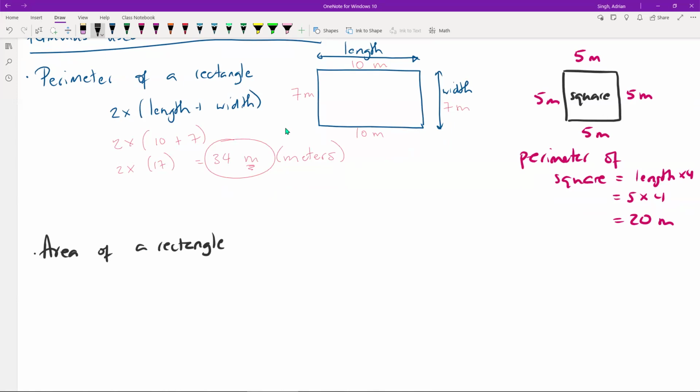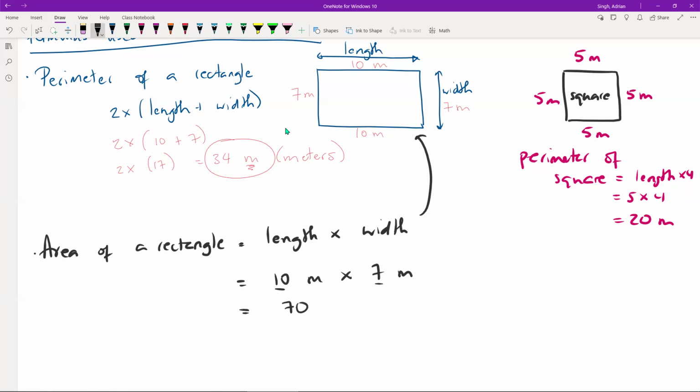We can calculate that area for a rectangle, which is simply equal to the length times the width. So if I have that rectangle above, the length there is 10 meters, and then the width is 7 meters. I multiply them together. So 10 times 7 gives me 70.